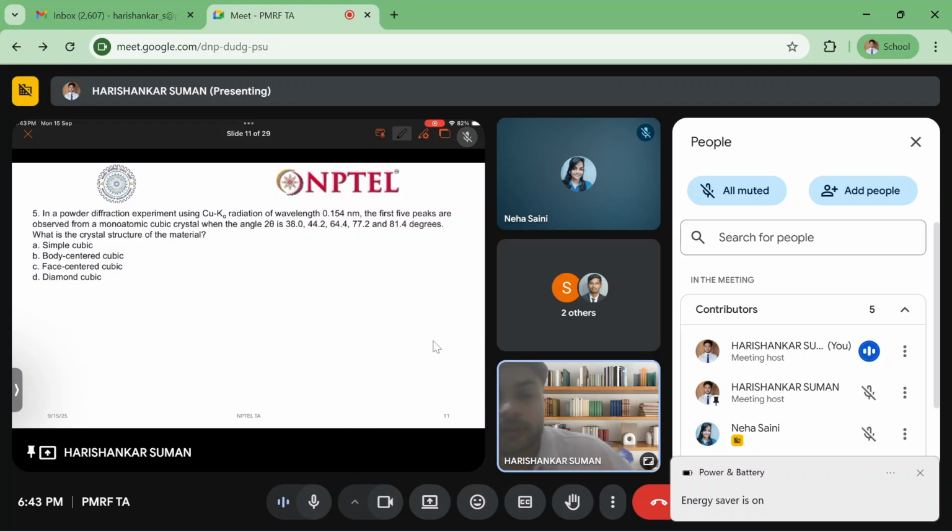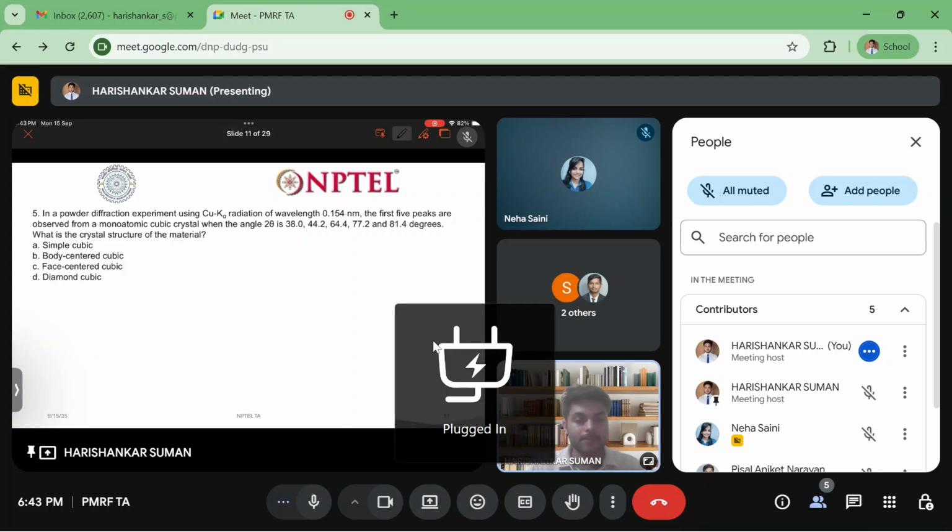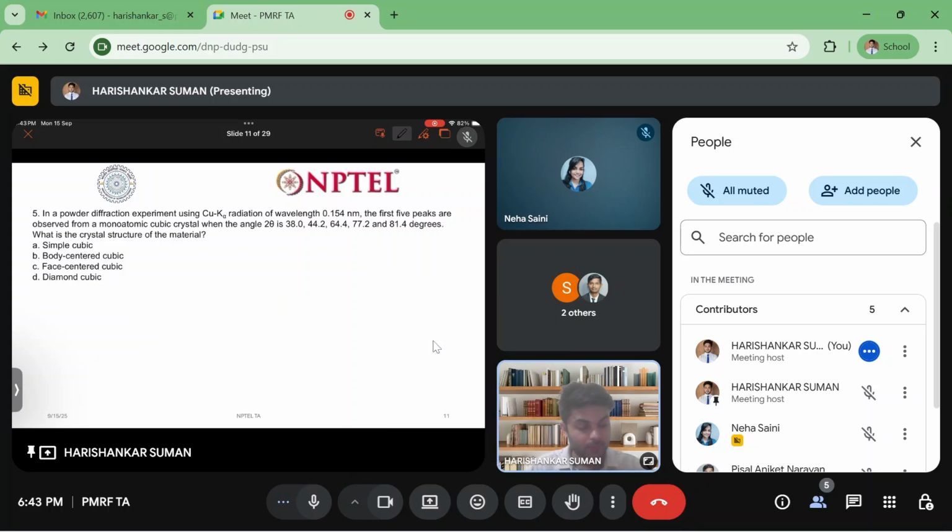How can we calculate this? Last time we discussed in a separate assignment how to solve this type of question. Do you have any idea how you can calculate these things?